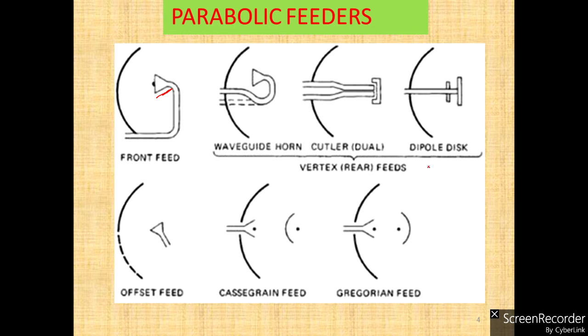We have a dipole disc, which emerges from the center of the reflector. And then the offset feed, where it will be above the reflector. If this is the reflector we have, and this is a dotted line, that means it is not a reflector, it is above that.